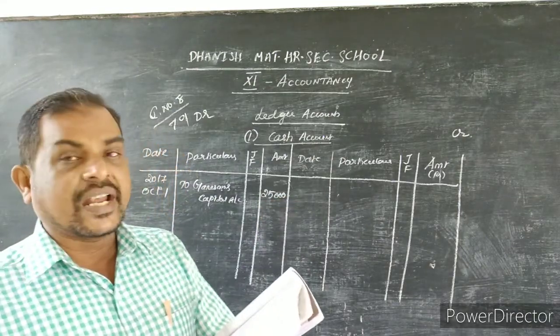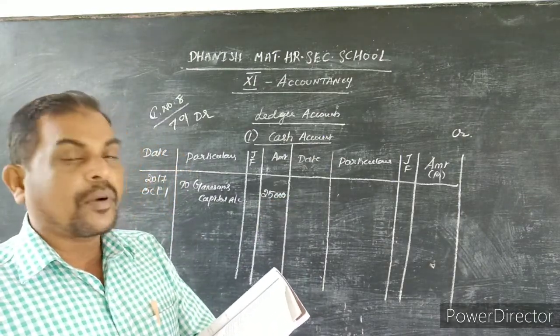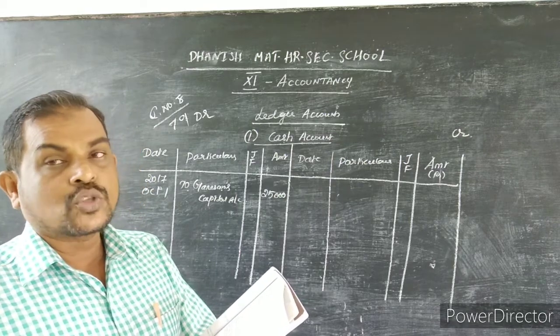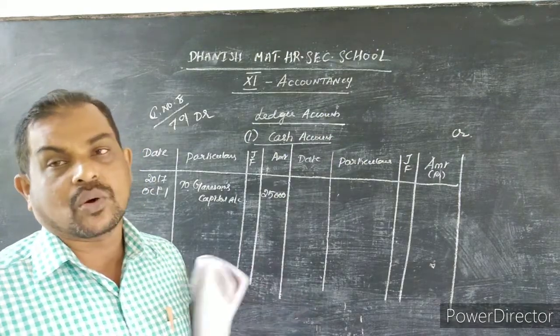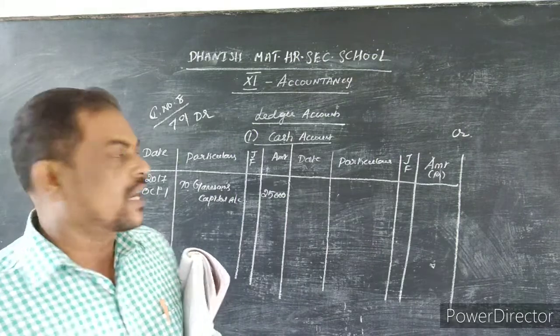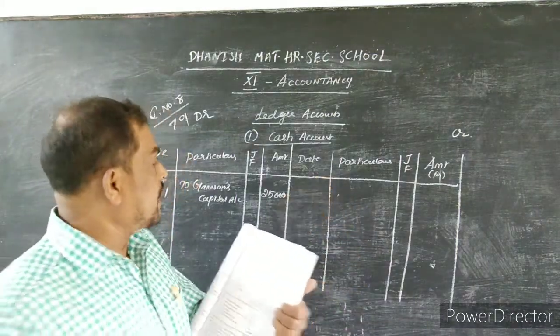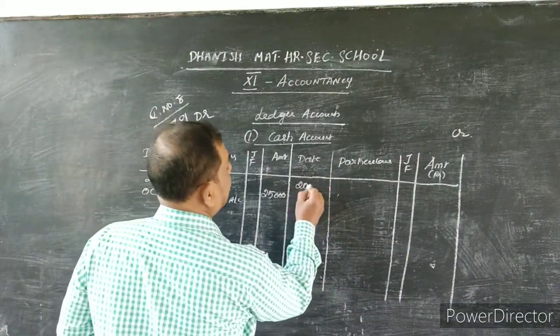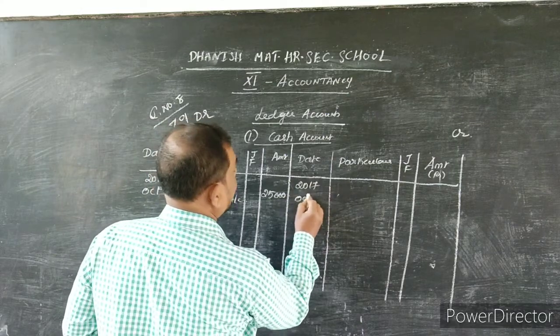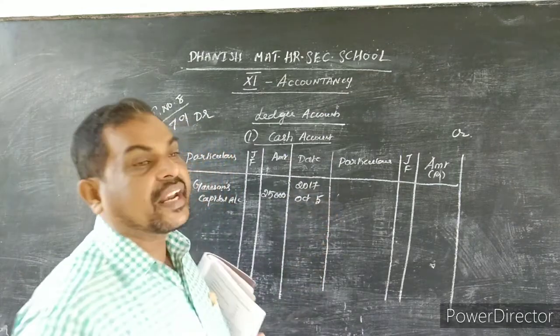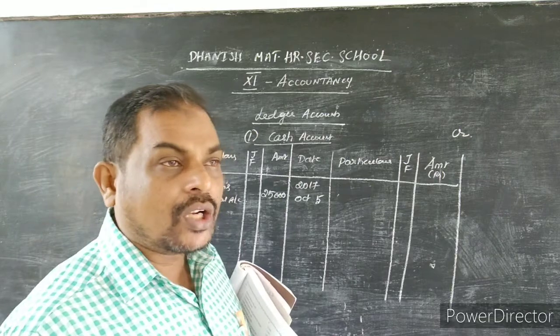Come to the second journal entry, date 5, deposited cash into bank. So bank account debtor to cash account. Now the cash account will be on the credit side, your hand should come in the credit side. What is the date? 2017 October 5. So journal entry is what? Bank account debtor to cash account.